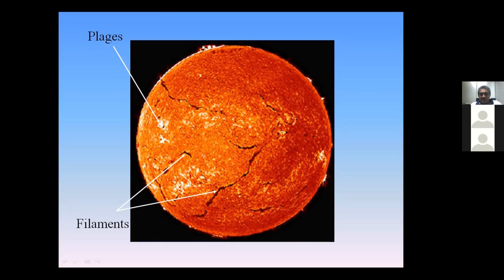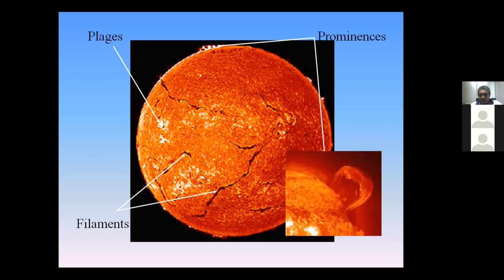Prominences are what you see when you look at the limb of the sun. This is the limb, and these features are just upright, elongated structures from above the photosphere, hanging above. Therefore they are identified as prominences. This is a magnified image of a prominence.